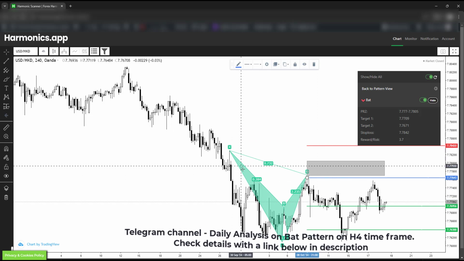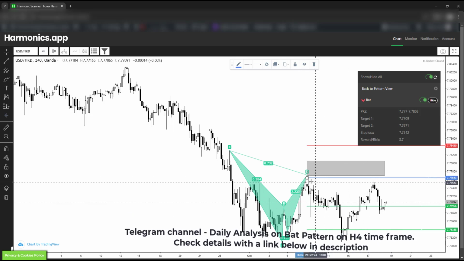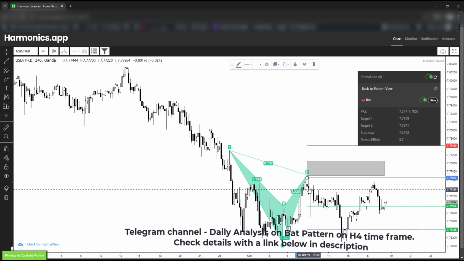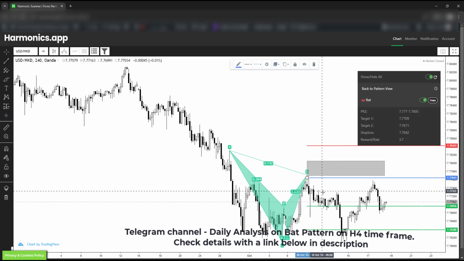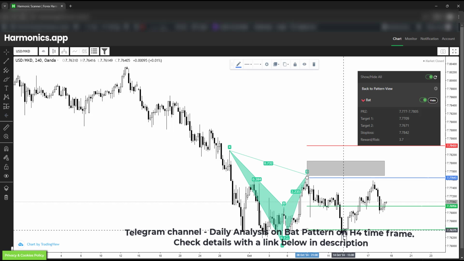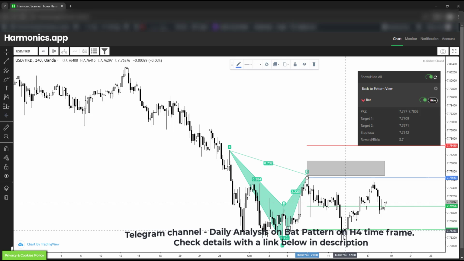Remember that this way of trading and analyzing, picking the pattern that has been formed with Harmonic Step Scanner, is not 100% successful. You will also have losing trades even though all the criteria are in your favor. This is the market, it is dynamic and can change the dynamics and the outcome. So be aware of that.